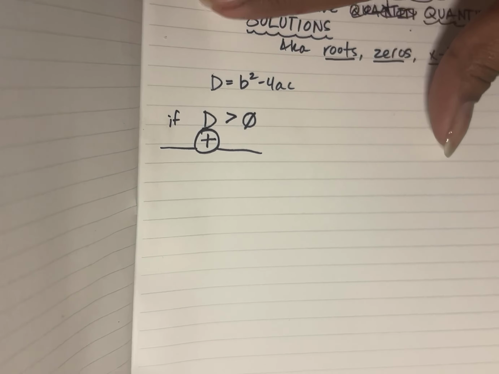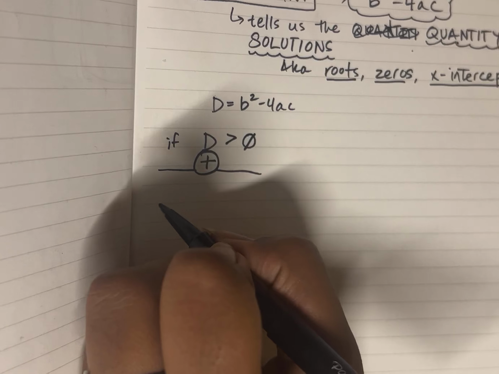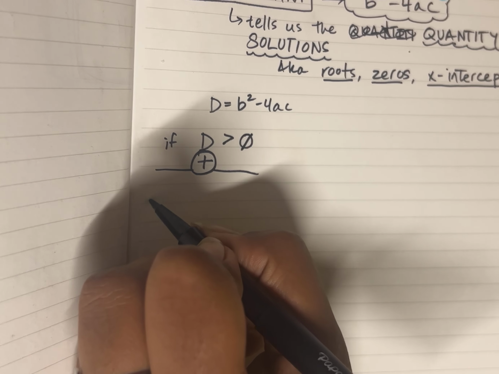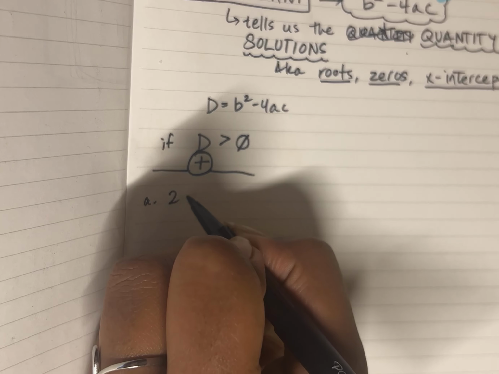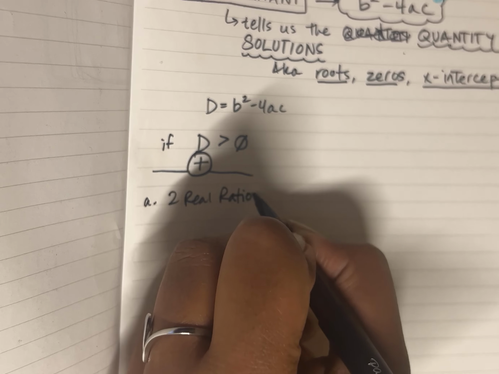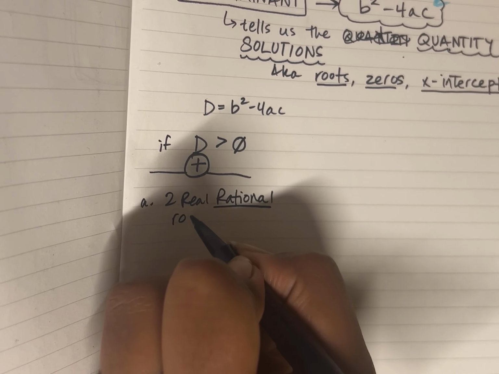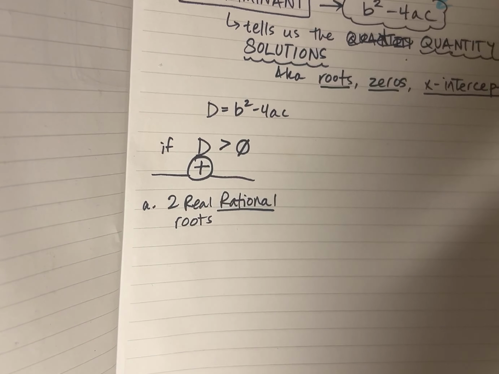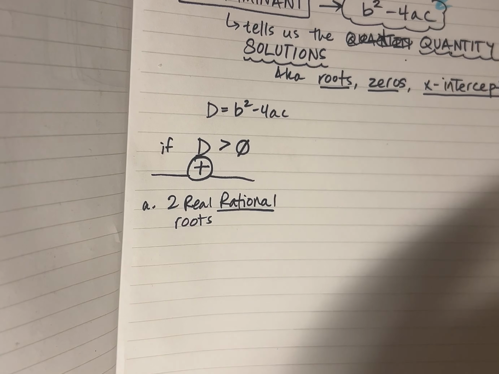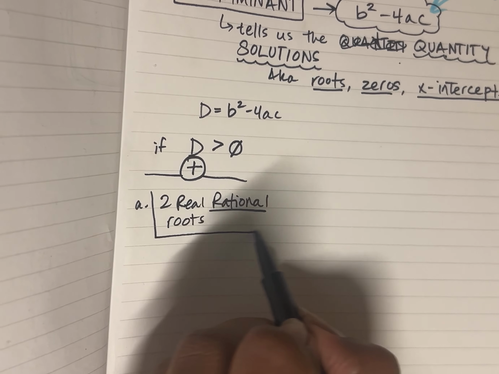Okay, cool. So if it's positive, we can do one of 2 things. It could either be 2 real rational roots. Again, solutions, zeros, x-intercepts, all of these are the same words. 2 real rational roots, box that.